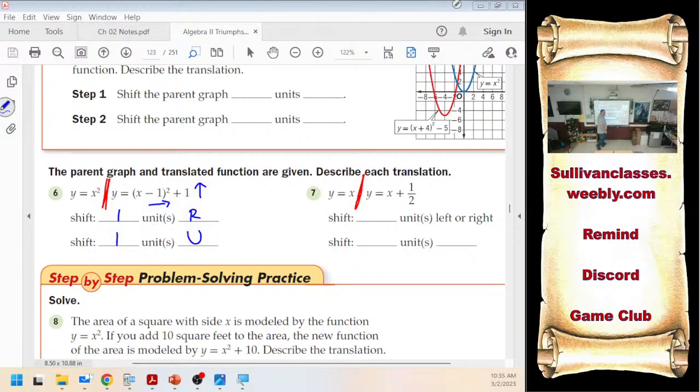I'll go 0 units left or right because there's no parentheses. But there is a 1/2 outside of parentheses, and outside has that cute little arrow that says plus or minus, up or down. This says positive 1/2, so I will go half a unit up.